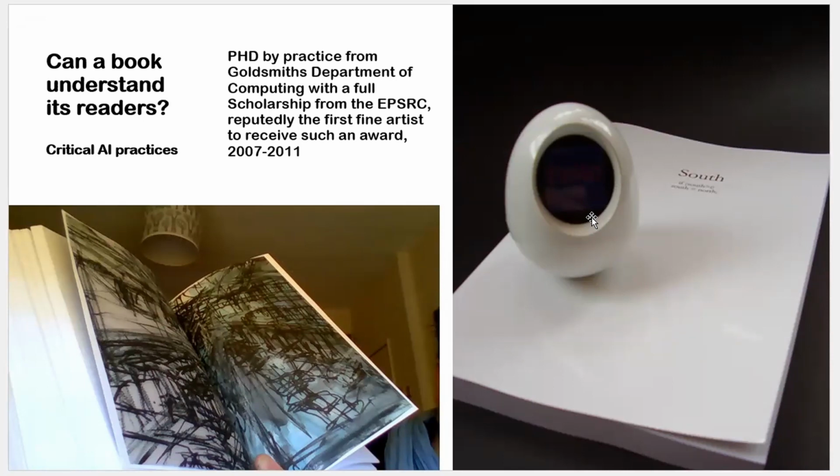It was a bit more painful, and I was doing a lot of work with CCTV, trying to generate stories from CCTV in my own very clunky way, sort of proto computer vision, trying to work out if there was a bus at a bus stop and what would happen to someone if there was clearly no bus coming down the road, and trying to see if I could make a book that would understand readers was the essential idea of it. Seems like a long time ago, and of course the day I handed it in, it was already out of date because these technologies move forward so quickly.